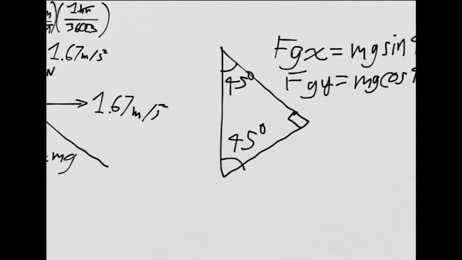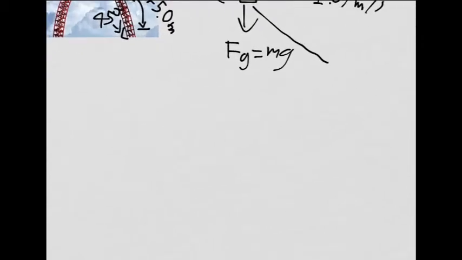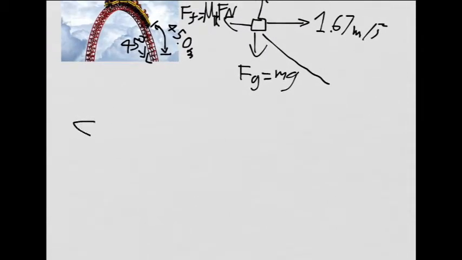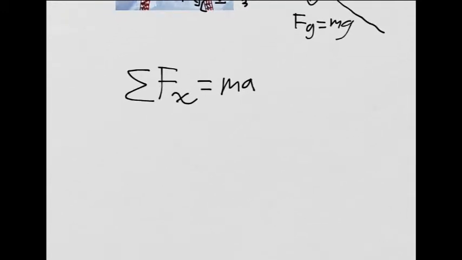Now, let's plug that into Newton's law. Summation of all the forces in the x is ma. We have this formula that has been derived, so we're just going to plug that in.